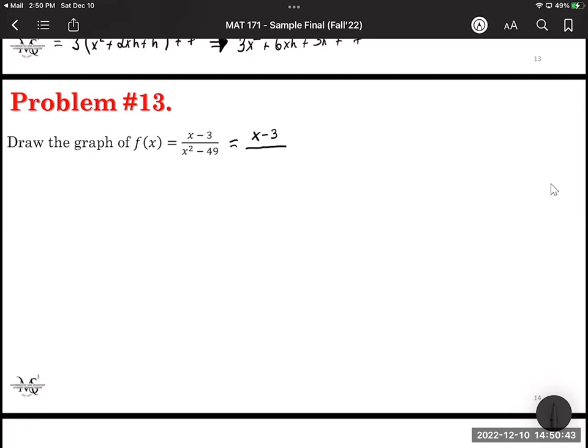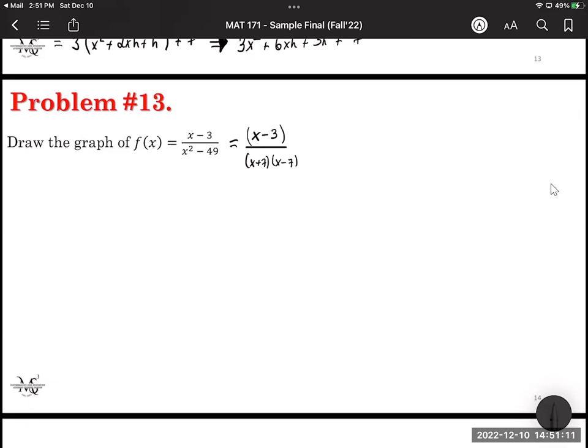But if you look at your denominator, it's x squared minus 49. Can I factor my denominator? Yes or no? x minus 7, x plus 7. There you go, Yasmin. It's a difference of two perfect squares. You have x plus 7 and x minus 7. So let me ask you this question. Can any of our factors be canceled out here?